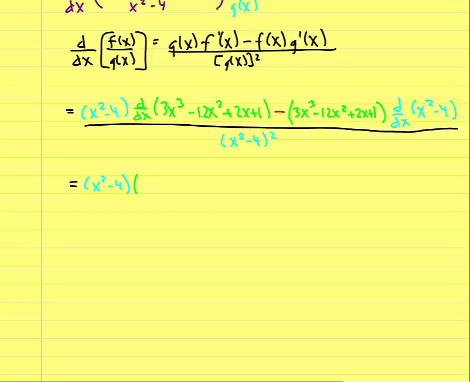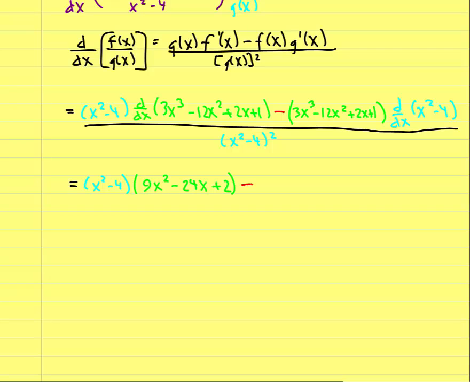So when I take the derivative of the green piece here, which is the top, the 3 comes down. 3 times 3 is 9x squared, minus the 2 comes down, 24x plus 2. Now the derivative of 2x is 2 because there's an implied 1 here, and the derivative of a constant is 0.